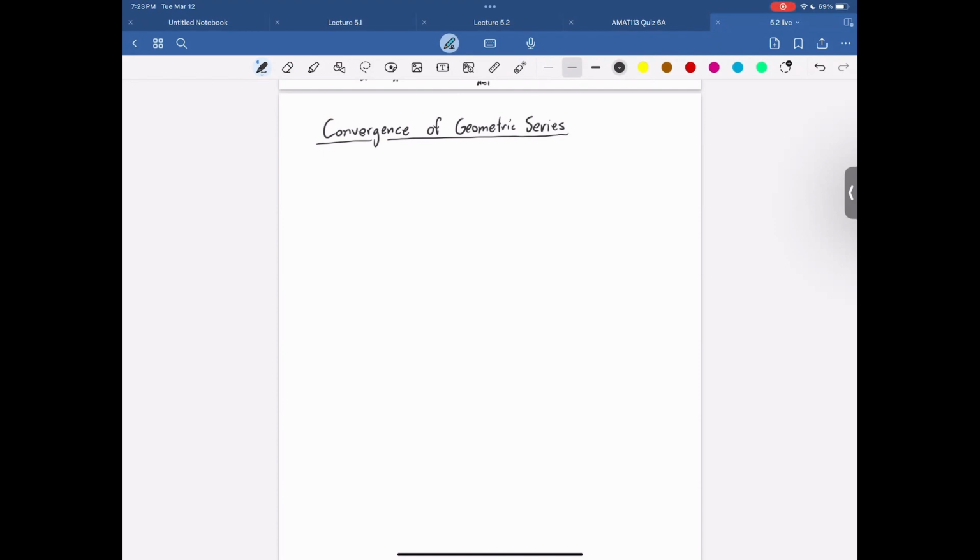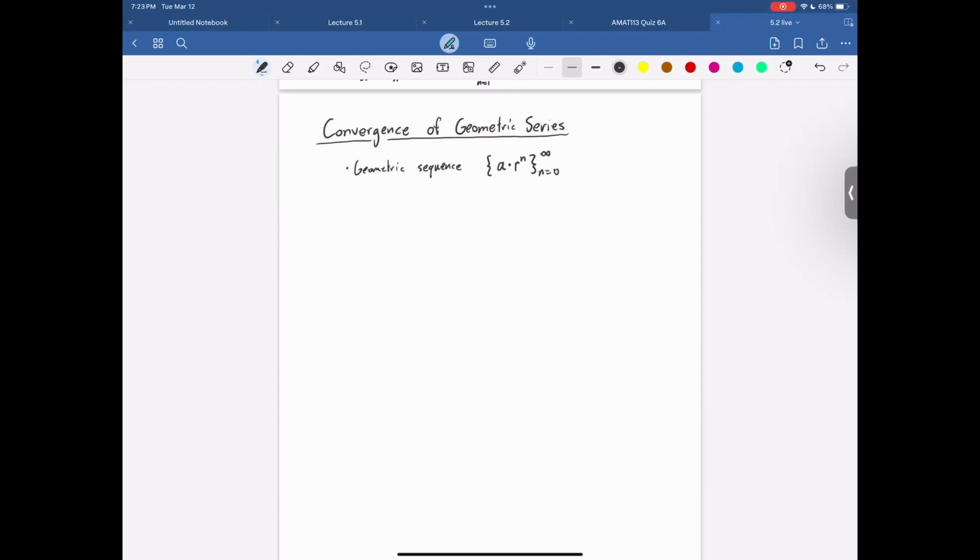Now let's ponder this. Let's recall that a geometric sequence is going to be of the form a times r to the n, from let's say n equals 0 this time up to infinity.